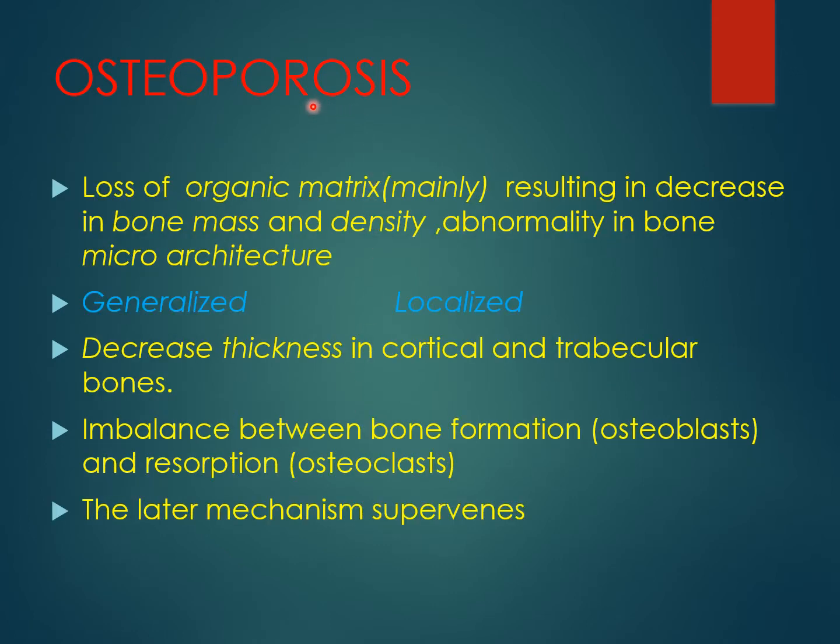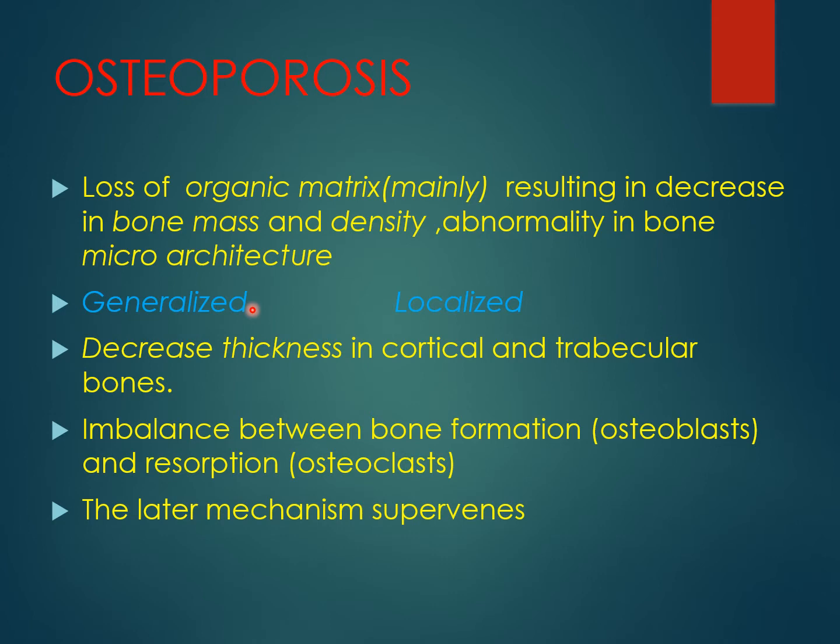Now, coming to the topic of osteoporosis, by definition it is a loss of organic matrix mainly, resulting in decrease in bone mass and density. Now, when I say mainly, it means that it is just not loss of organic matrix, also there is some element of increased calcium and phosphorus mobilization from the bones, that is bone resorption is also there. We conventionally divide osteoporosis into two categories: generalized and localized.